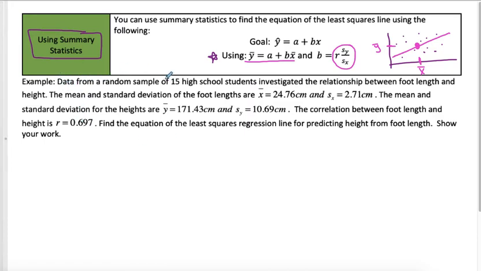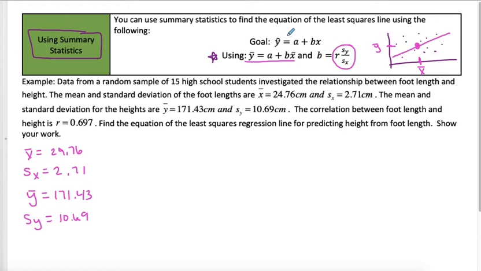It says data from a random sample of 15 high school students investigated the relationship between foot length and height. So that same data. The mean and standard deviation of the foot lengths, so we have X bar 24.76 and standard deviation for X is 2.71, and the mean and standard deviation for Y bar 171.43 and standard deviation 10.69.